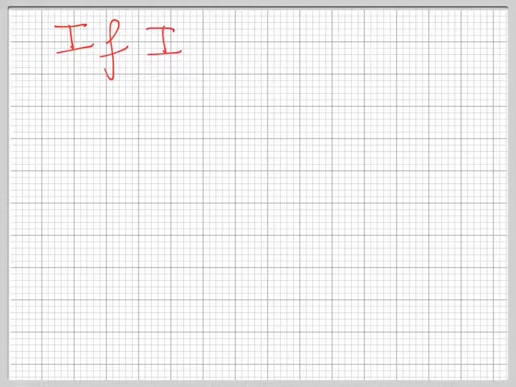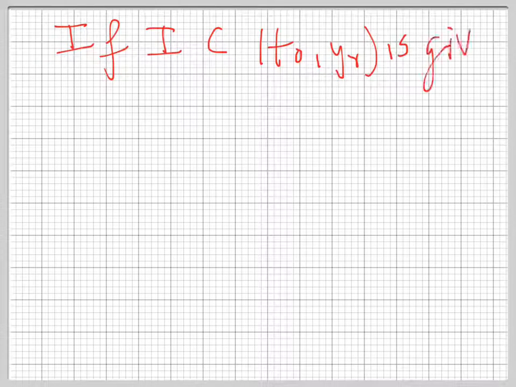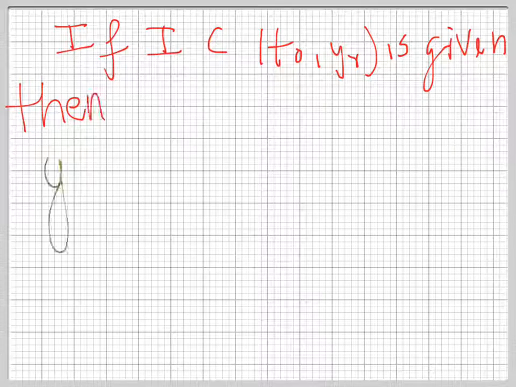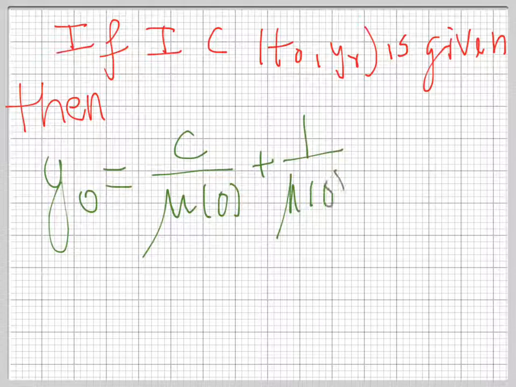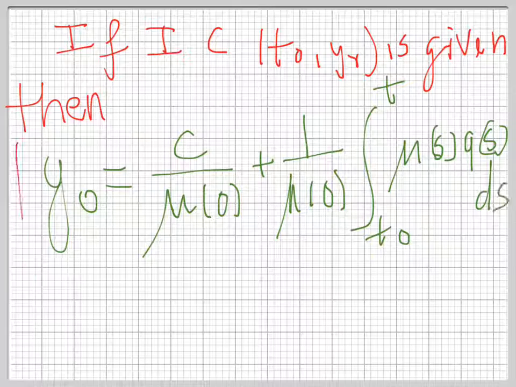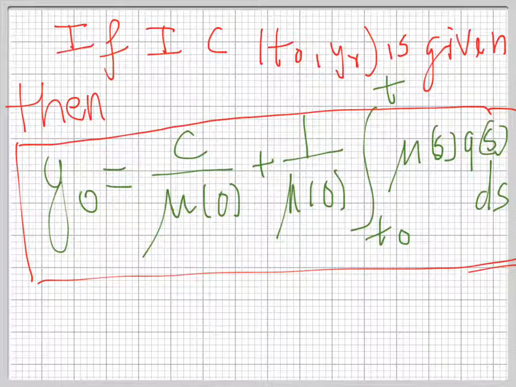All right. In case we have an IVP using this method of integrating factors, in order to find c, you just need to plug t0 in for all the t and y0 into the left side, and the integrals here will be the integration from t0 up to t.